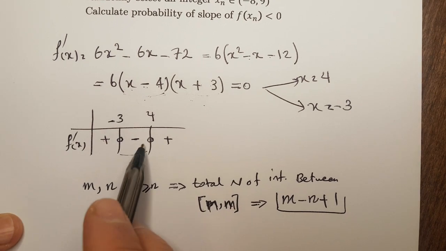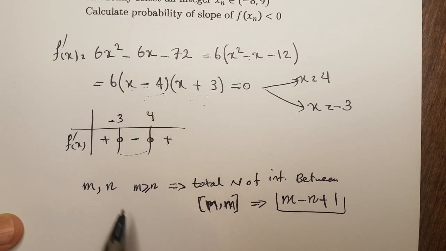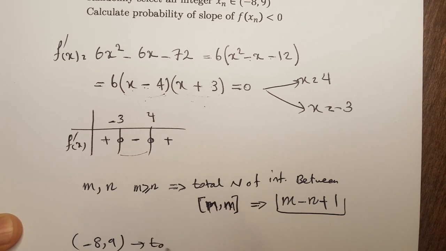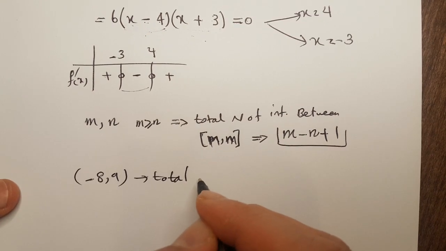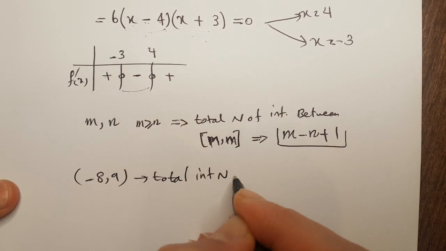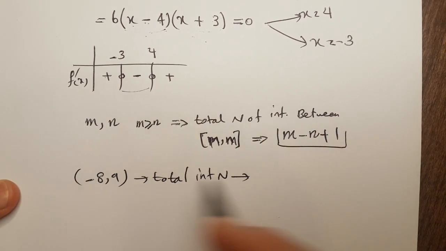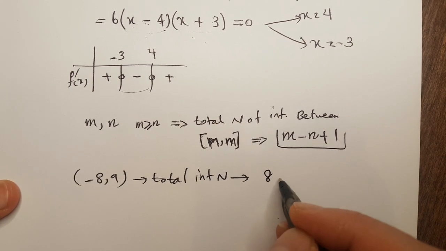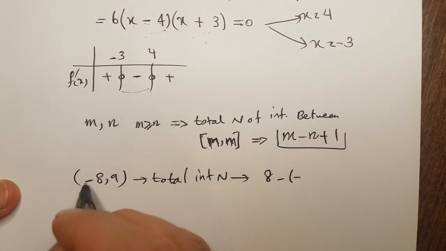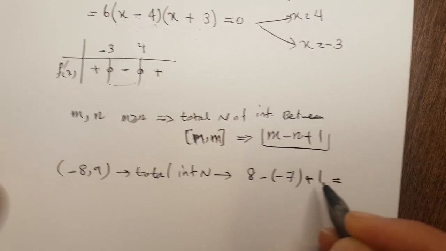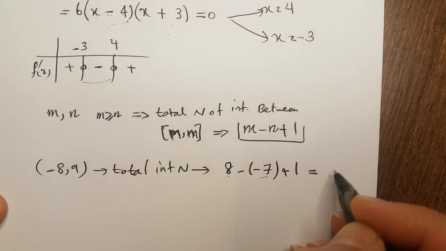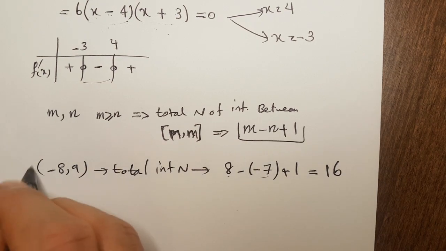So the total integer numbers between -8 and 9 will be 8, the number before 9, minus -7, the one after -8, plus 1, which is going to be 15 plus 1 is 16.